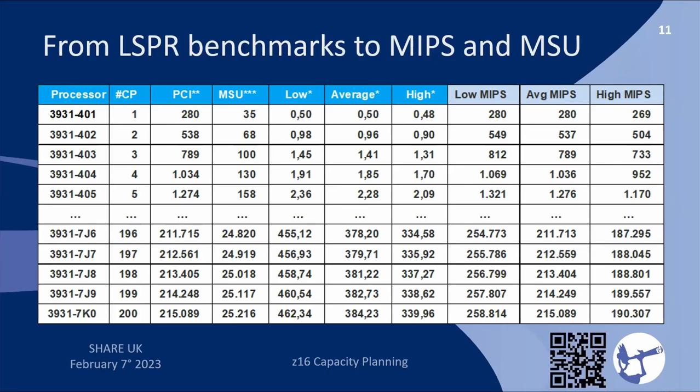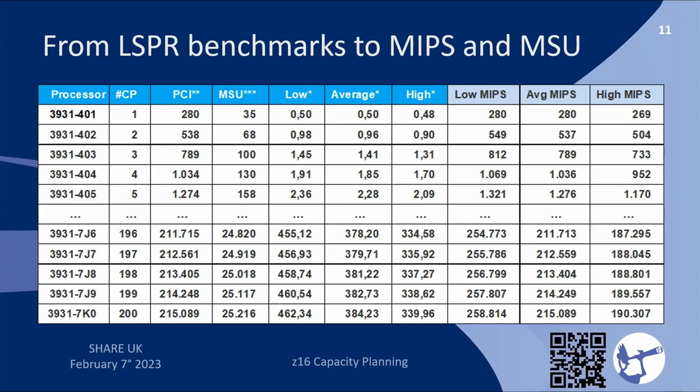The last line is a hardware. So let's suppose that you have that machine with 200 engines. Now, depending on your configuration, your workloads, your settings of the weights and things like that, you could fall in the low MIPS column, so the low RNI, or the average RNI and the high RNI.